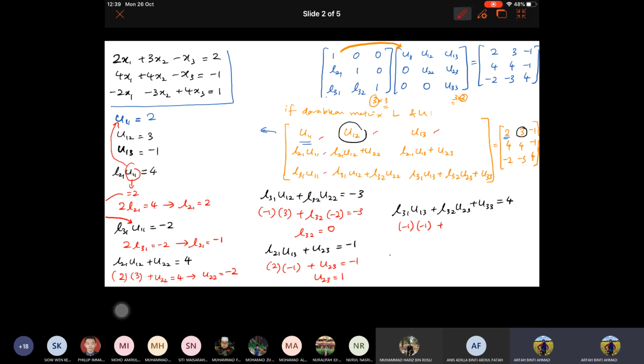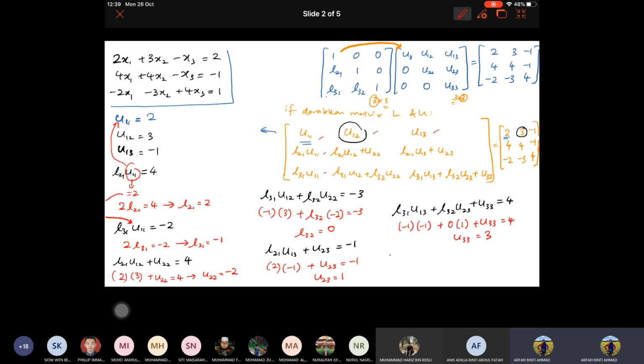Kosong. Okey, L32 is kosong. Okey. U23 1 tambah U33 yang kita nak cari. Dapat 4. So dapat berapa? U33? 3. Okey. So dapat U33 akan sama dengan 3.